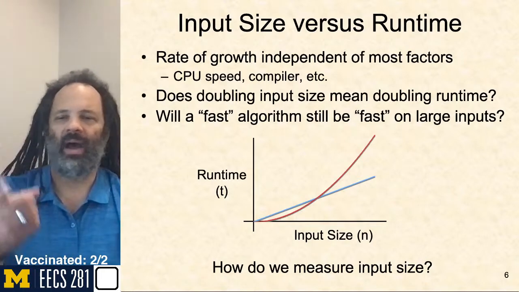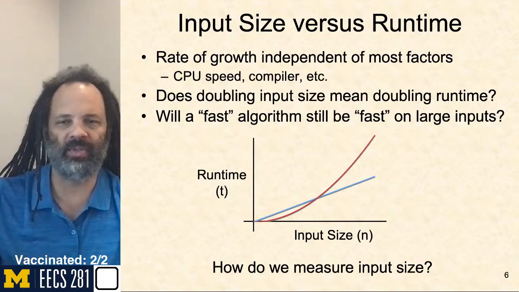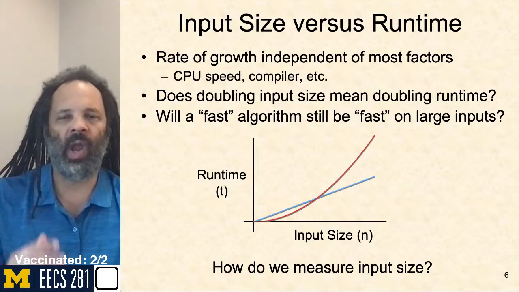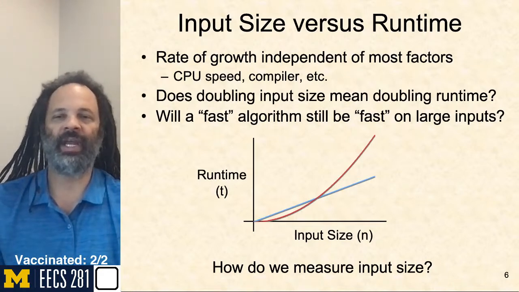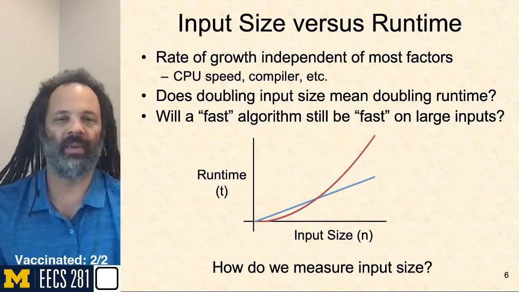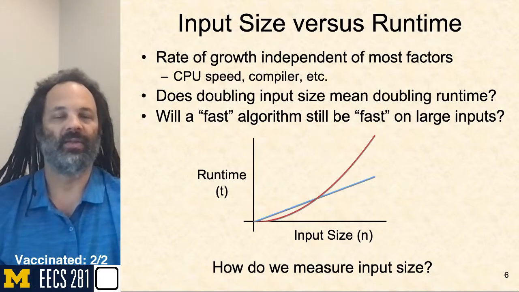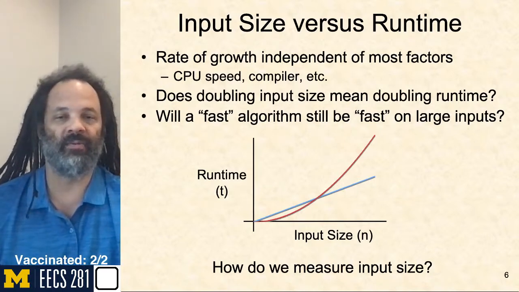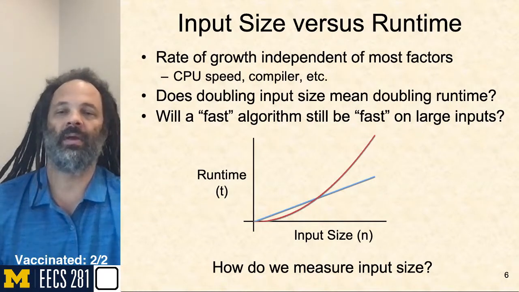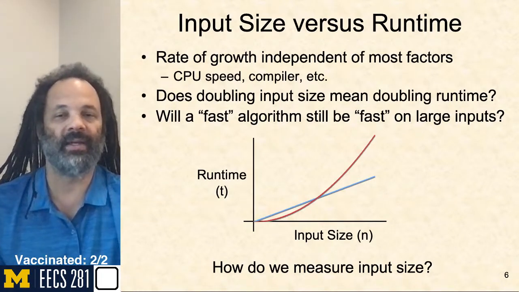We're talking about hardware stuff, we're talking about programmer stuff. What we want to know is, how does my input size change my runtime? Does doubling the input mean doubling the runtime? So that looks linear. If I get 4 times as much information, does it take me 4 times as long? That's a great thing to compare there.